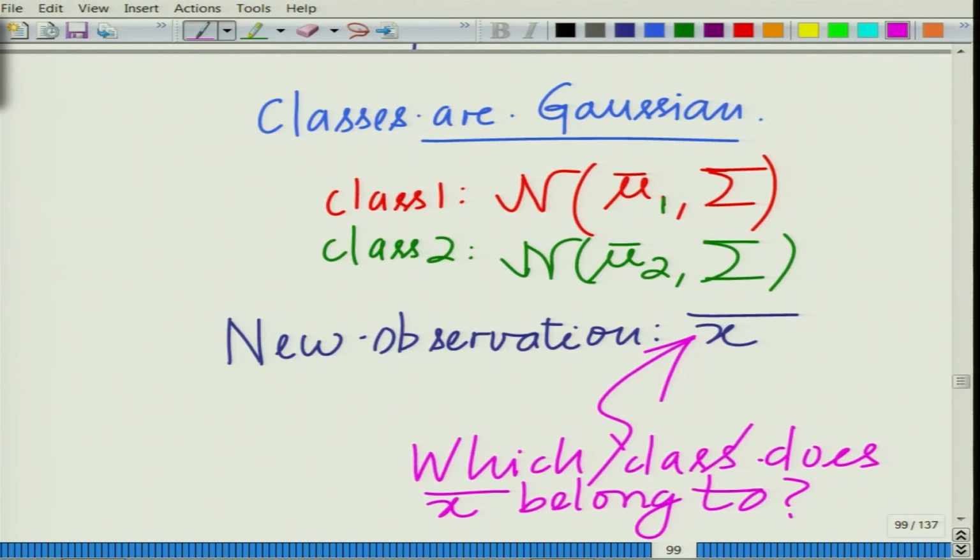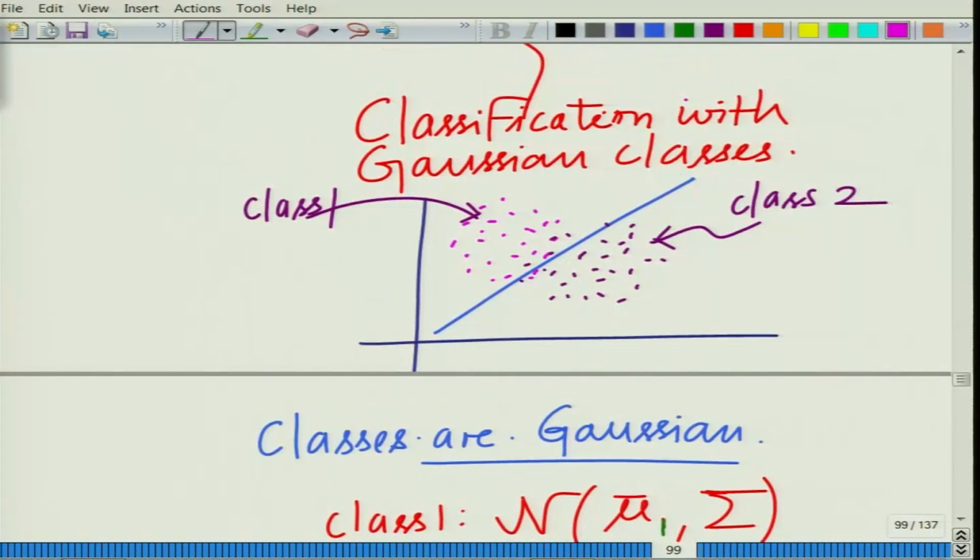That is interesting. For instance, let us take a simple example. You can have an image that can contain two classes. One class of pixels belongs to a certain object, the other class of pixels belongs to another object. You are trying to find, for a new pixel, which object it belongs to.